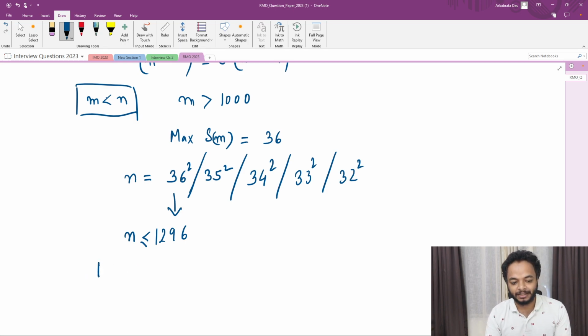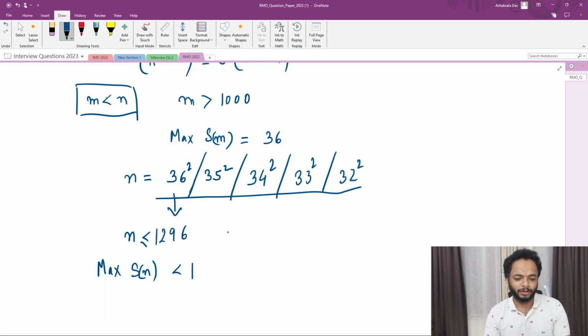So max Sn is strictly less than, like, the first digit can't go more than 1. Then the second digit, even if I make it 3 or whatever, it won't exceed, and then the next two, even if I make them 9 each, then 9 plus 9 is 18, 18 plus 4 is 22.